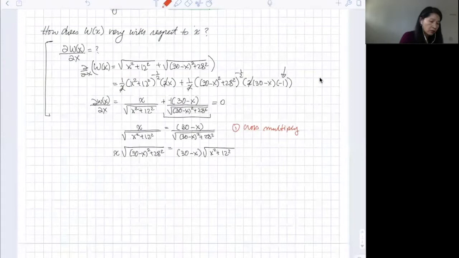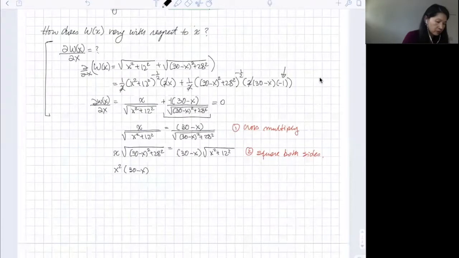And now we are going to square both sides of the equation. And this gives us x squared times (30 minus x) squared plus 28 squared, and on the right-hand side, we have (30 minus x) squared times x squared plus 12 squared.